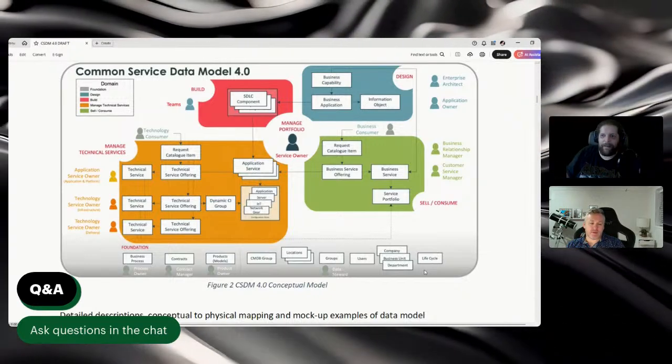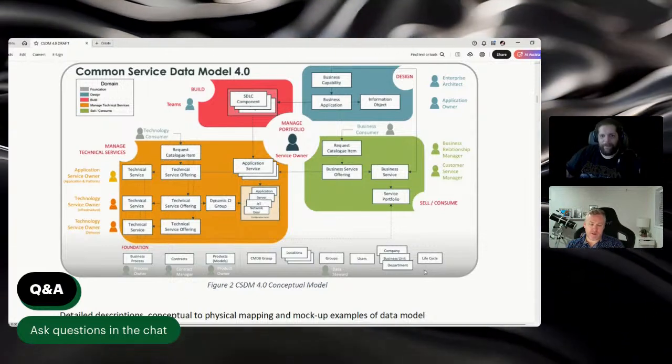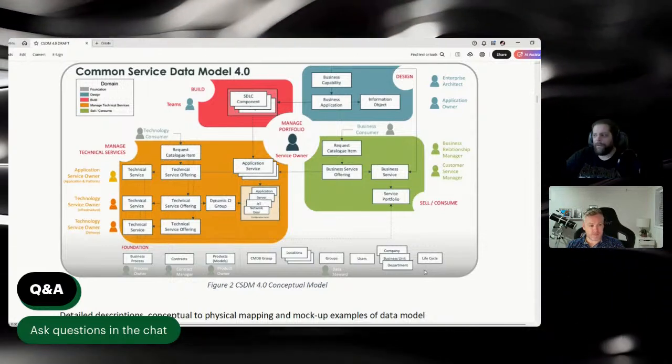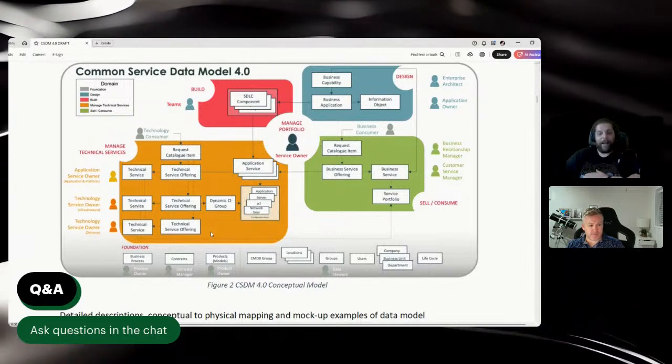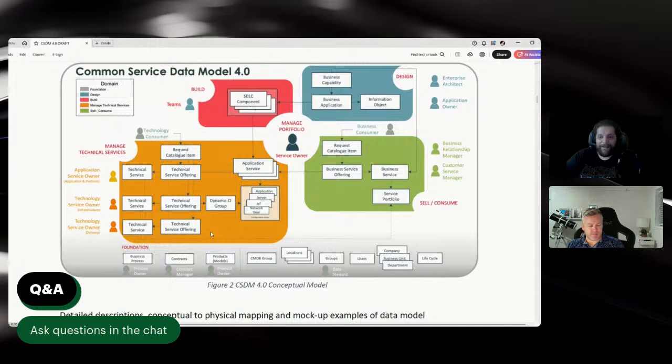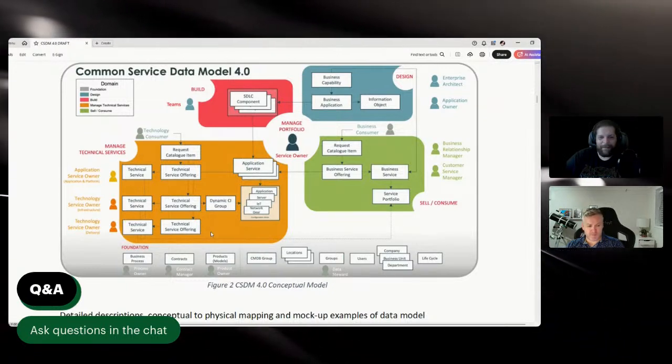But having actual informed decision making supported by the automation of the platform, that is where we have actual value.